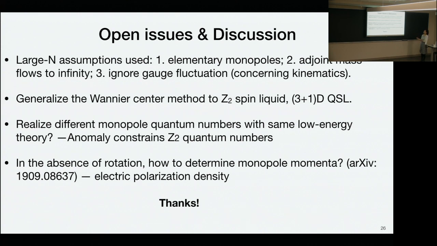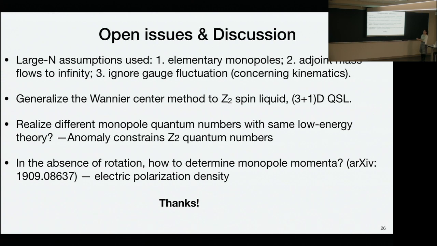The second assumption is that when we deform the spinon insulator to the atomic limit, the adjoint mass will flow continuously to infinity without encountering any singularity. So that's why the kinematical property of the monopole will stay invariant upon this deformation. And the third one is to tune the gauge coupling such that we could ignore gauge fluctuations.